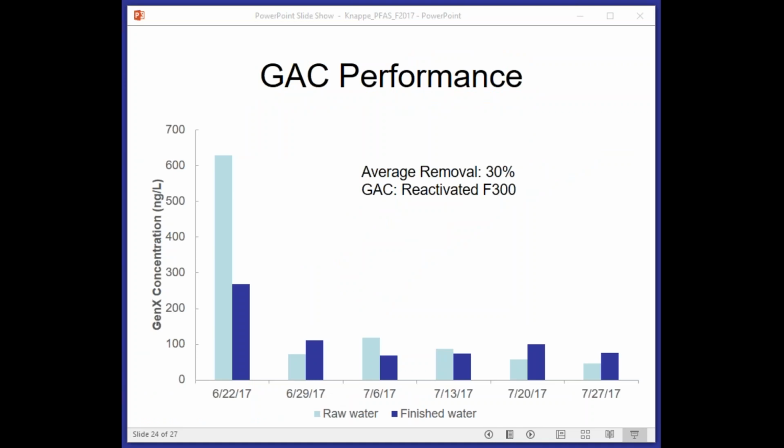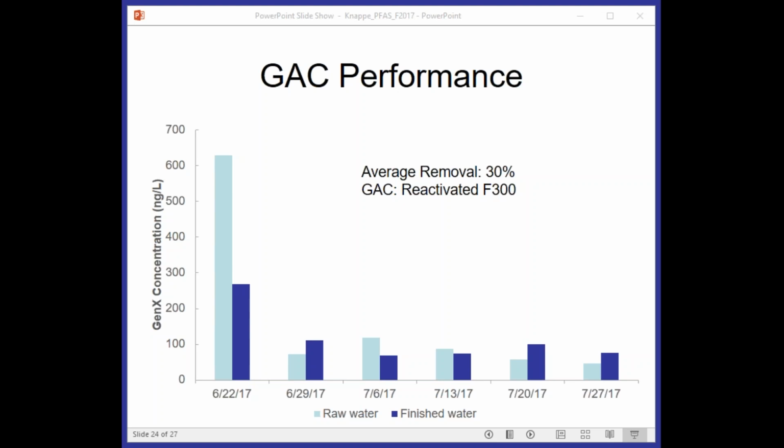We also tracked Gen X removal in a plant that was affected by this discharge from the Chemours facility, and this particular facility had activated carbon in place. This was a reactivated F300 GAC, and this carbon was in place for about 3 months when we started collecting these data.